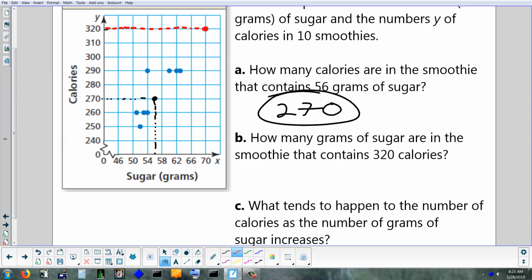All right. There's the smoothie that contains 320 calories. Now what, Yusef? So down. Go down. And look where you end up. How many grams does that one have? 70. Yep. 70 grams of sugar. Yep. 320 calories, 70 grams.